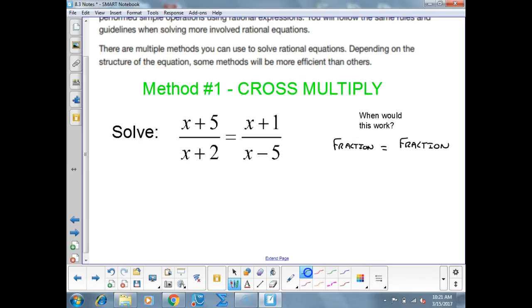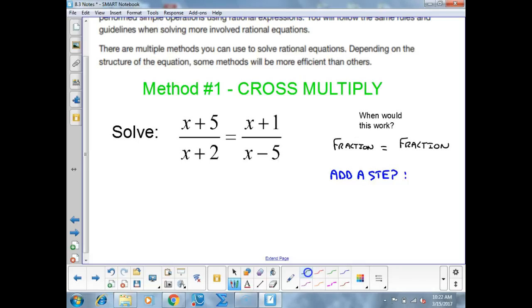Now, one other kicker in this is we're going to add a step to your process. And really, it's going to be like step 0. After you look at the problem, it's the next thing that you do.